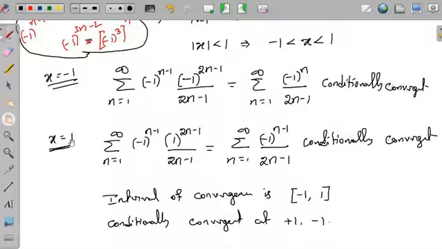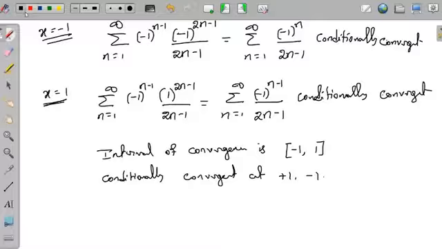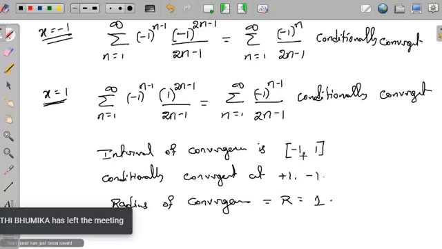At these 2 points it is conditionally convergent. At the other points it is absolutely convergent. And what is the radius of convergence? The radius of convergence r equals 1, because from the center you move a distance of one unit.